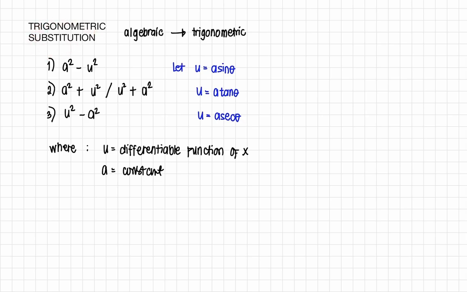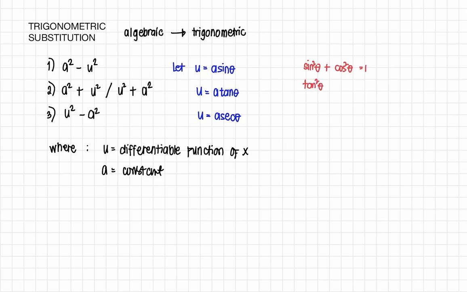Now, because we are going to be converting into a trigonometric integrand, there may be cases where you need to apply the solvable groups of trigonometric functions. And at the same time, we will be using the Pythagorean identities: sine squared theta plus cosine squared theta equals 1.